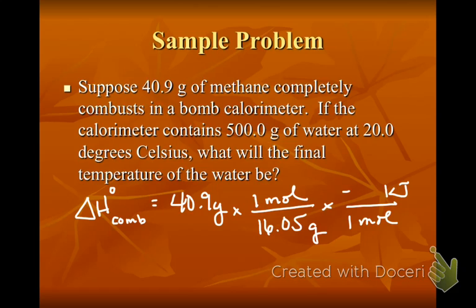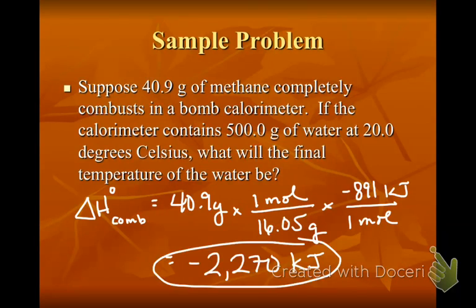I'm looking at your reference sheet right now, and the molar enthalpy of combustion for methane, CH4, delta H is negative 891. So all we have to do now is calculate what that comes out to be. So multiplying all those values together, I get that 2,270 kilojoules of energy are released.